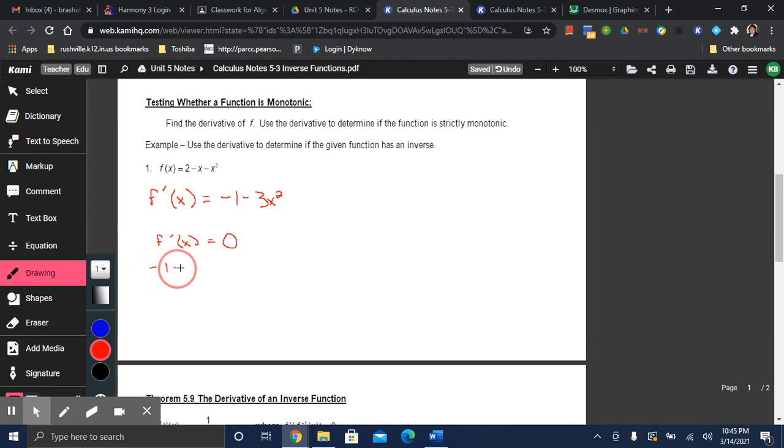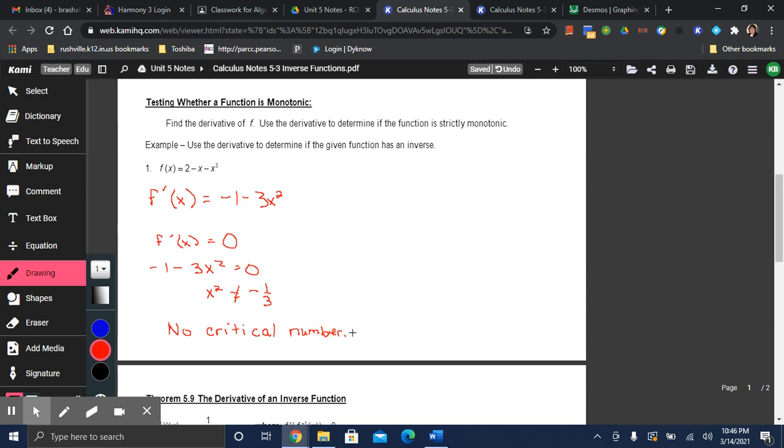So -1 minus 3x squared equals 0. We can add 1 and divide by -3, and we get x squared equals -1/3. When we take the square root of each side, we end up getting a non-real number. So x squared can't equal -1/3, and therefore there are no critical numbers.